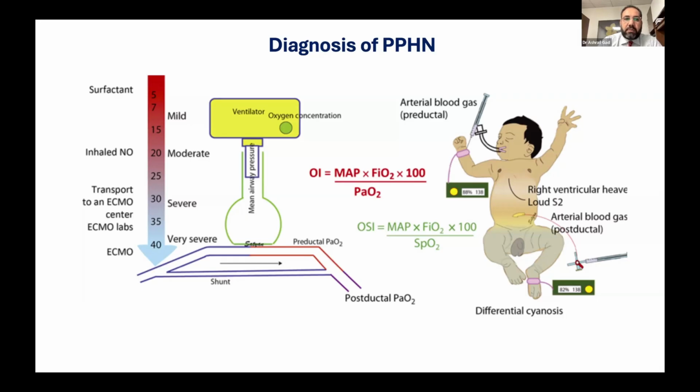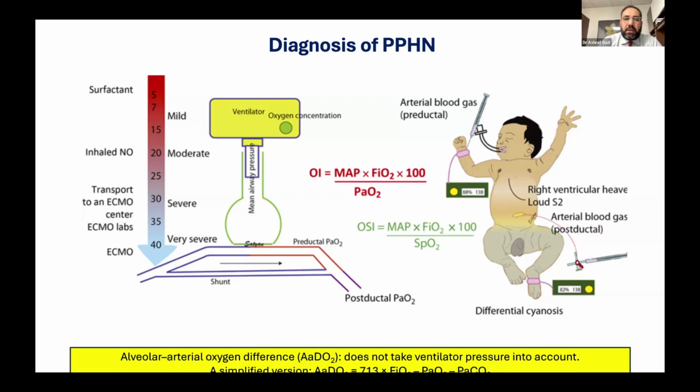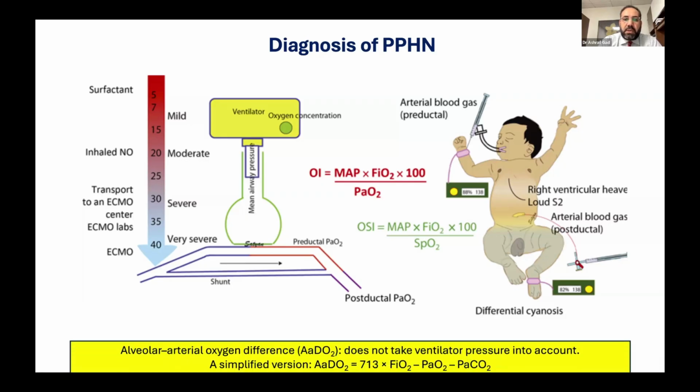Obviously, the threshold for ECMO is an OI of more than 50. Another measurement is the AADO2, which is the difference between the alveolar and arterial oxygen concentrations. A simple formula is displayed here. Usually more than 600 can be considered significant and a threshold for ECMO, in addition to an OI of 40 and an OSI of 16.